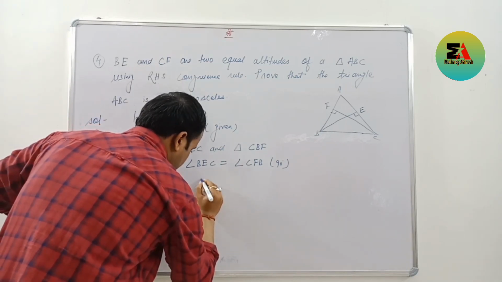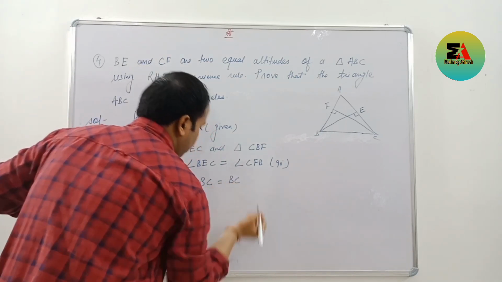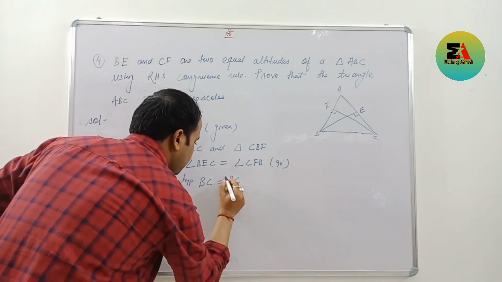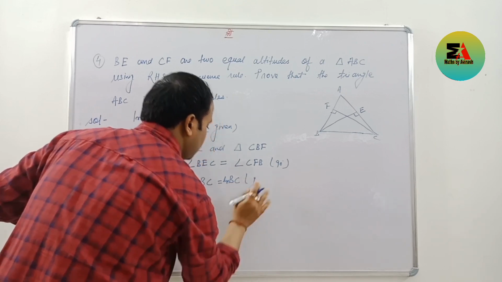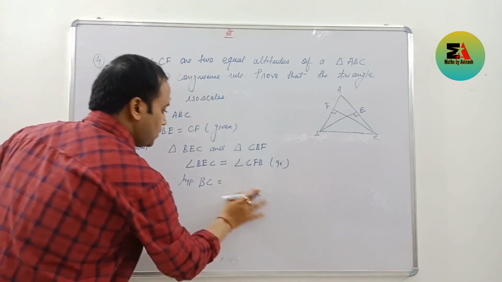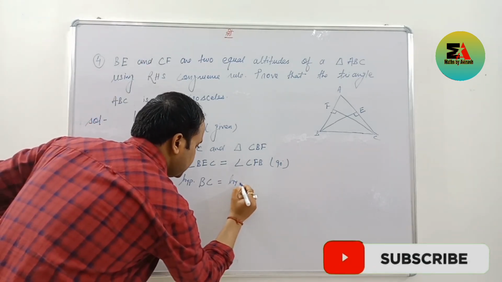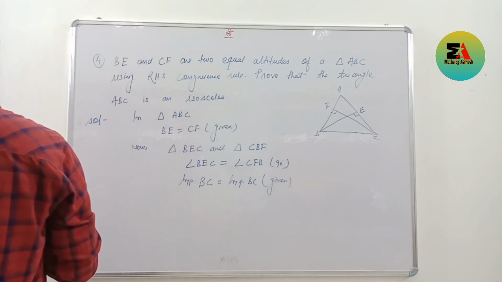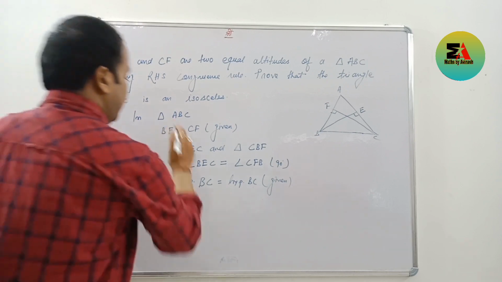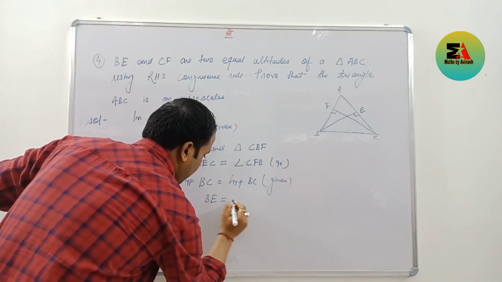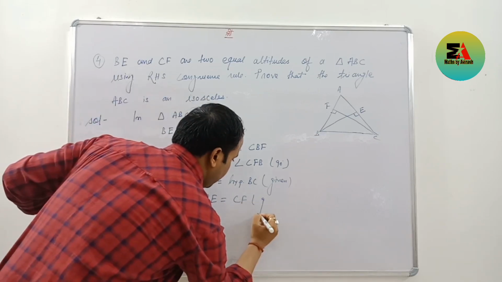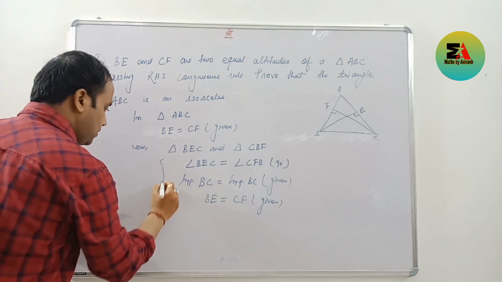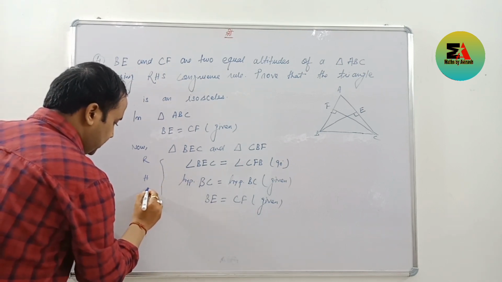And BC equals BC. This is the hypotenuse, common. And BE equals CF. This is the altitude, already given. Now this is our right angle triangle. This is our hypotenuse and this is our side.